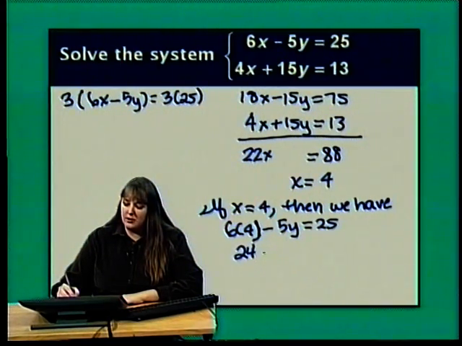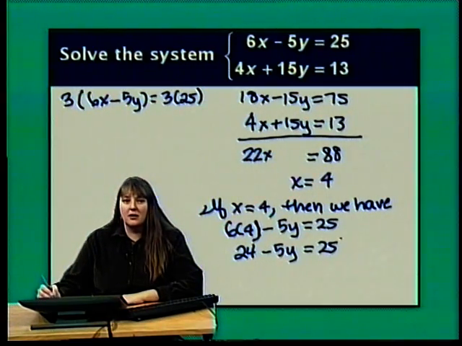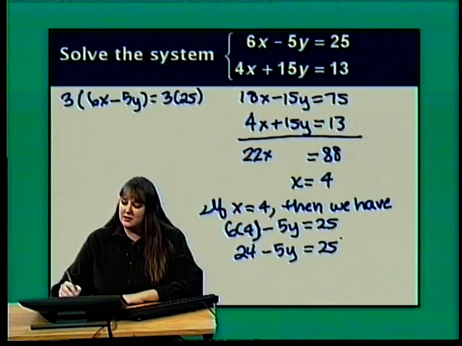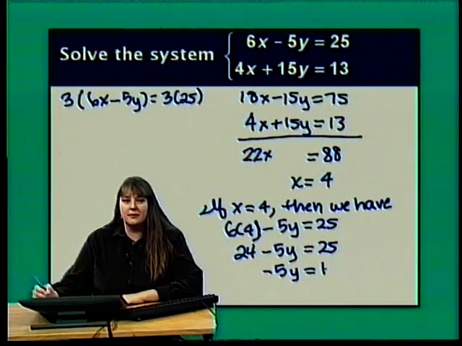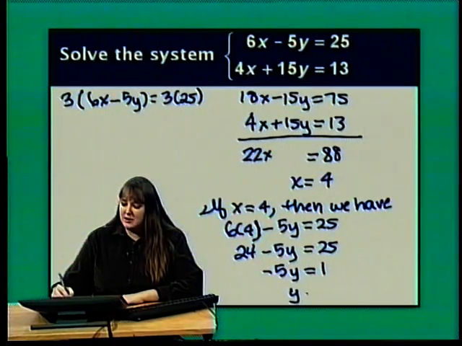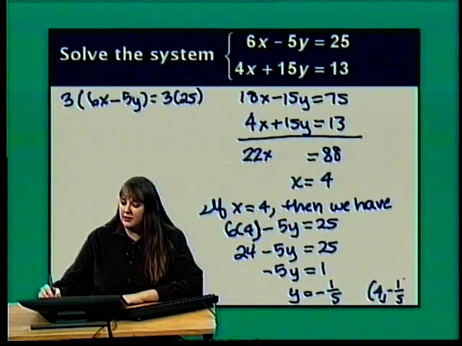So 24 minus 5y equals 25. Subtracting 24 from both sides of the equation, I have negative 5y equals 1. Dividing both sides of the equation by negative 5 gives me y equals negative 1/5. So my proposed solution is 4, negative 1/5.